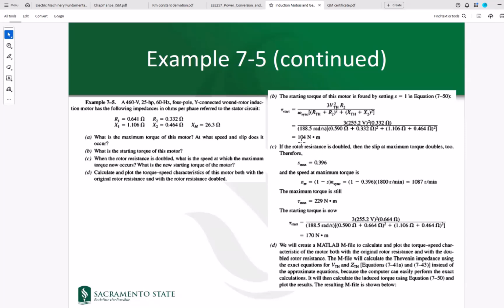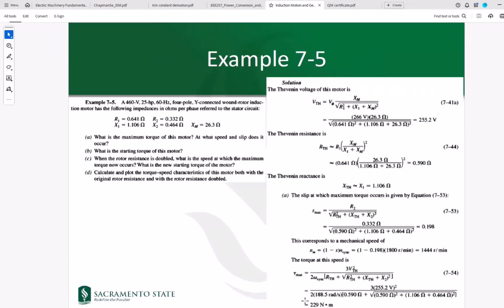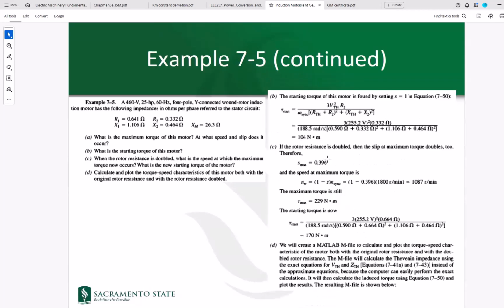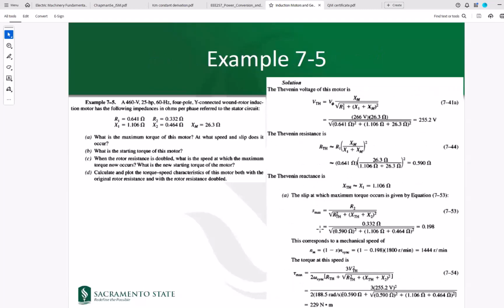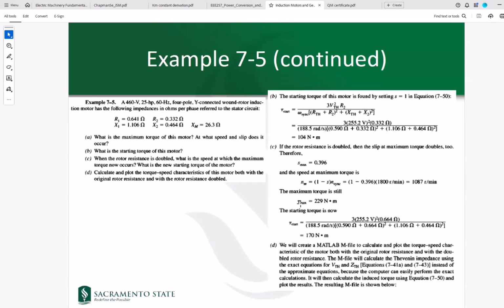So when the resistance is doubled, slip at which the maximum torque occurs would be 0.396, which gives you a maximum torque of 229, which is kind of the same value that you had in here, but at a different slip. Here, the slip was 0.198. Here, the slip is 0.396, which is closer to the startup conditions.